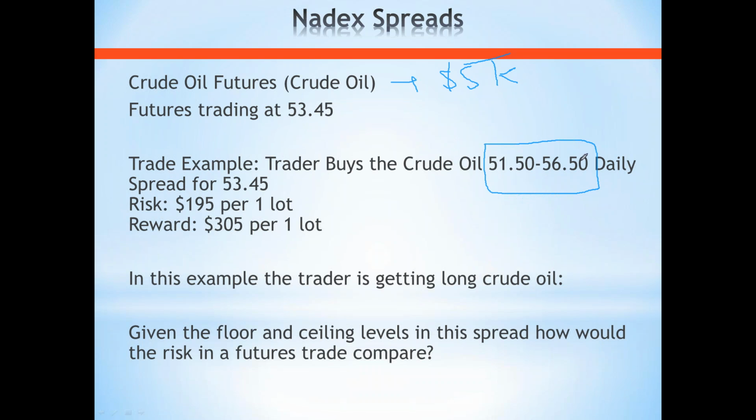If we move from 51.5 to 56.5, that's a $5,000 change in the value of the contract. As you can see here, in the Nadex spread, the value of this spread at most can be 500 bucks. So the spread lets me trade something that is a tenth of the size of the underlying contract.